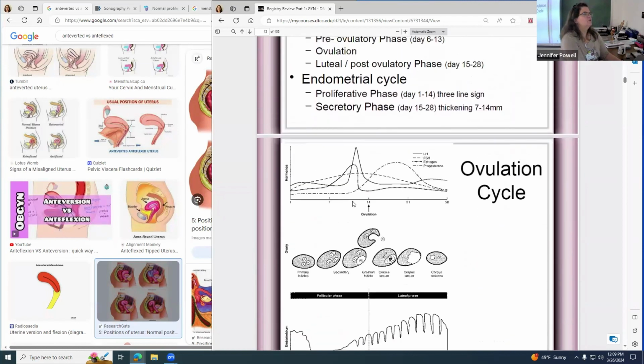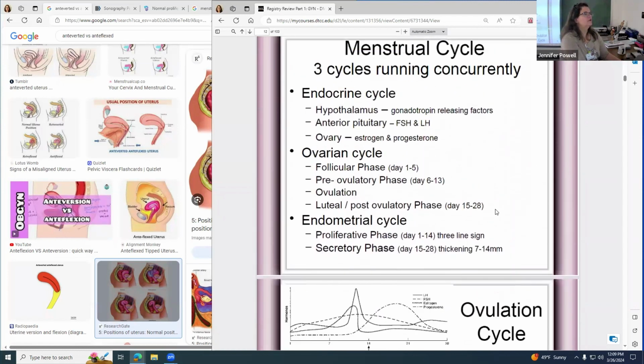So with the menstrual cycle, you have 3 cycles running concurrently. The endocrine cycle, that's where the hypothalamus releases gonadotropin releasing hormones. So the hypothalamus signals the anterior pituitary to release FSH, which is follicle stimulating hormone, and LH, which is luteinizing hormone, which then in turn signals the ovary to produce estrogen and progesterone.